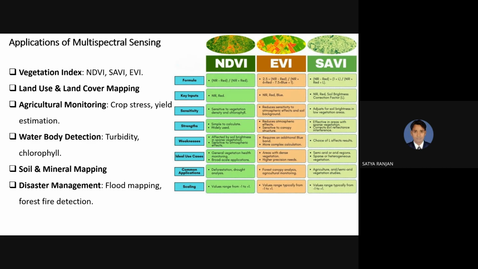Then we can create the land use land cover classification at different scales. So most of the time, multispectral sensing is used for land use land cover classification. Then agriculture monitoring, crop stress, yield estimation. Then water body detection, turbidity, chlorophyll, soil and mineral mapping, disaster management, flood mapping, and forest fire detection. So these are examples of multispectral sensing.